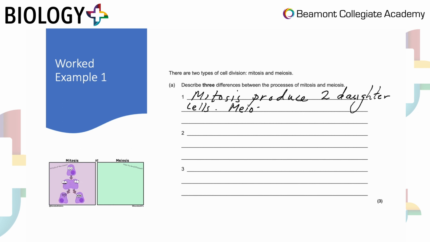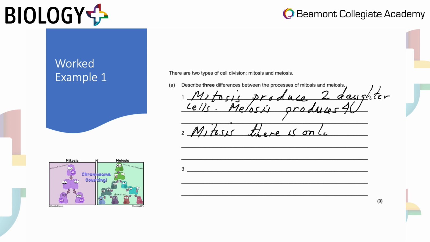Meiosis produces 4. Second point, we look at the divisions. Mitosis only has 1. Whereas meiosis, there are 2.